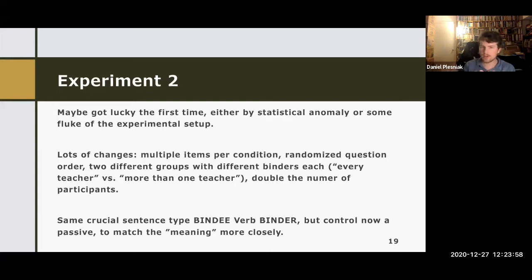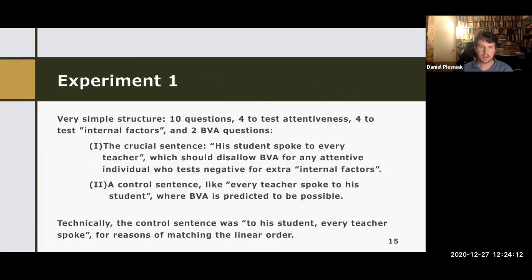And there was the same crucial sentence type, which was this simple transitive bindee verb binder, where again the bindee is not in the correct structural position to receive BVA. But the control sentence changed to be a passive. So if you notice here, his student spoke to every teacher and every teacher spoke to his student.